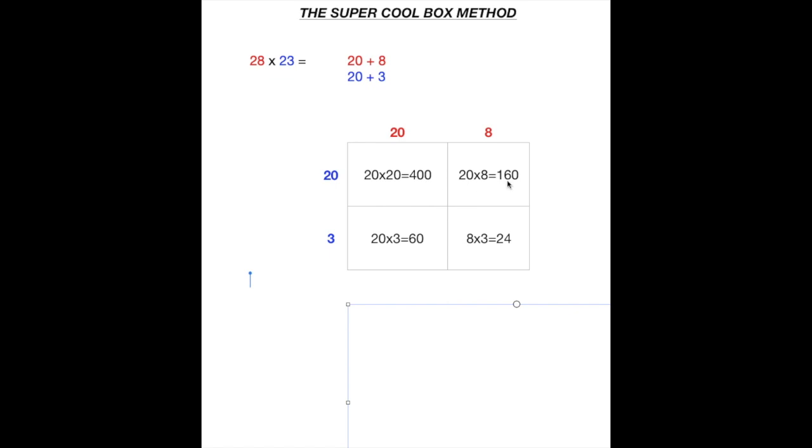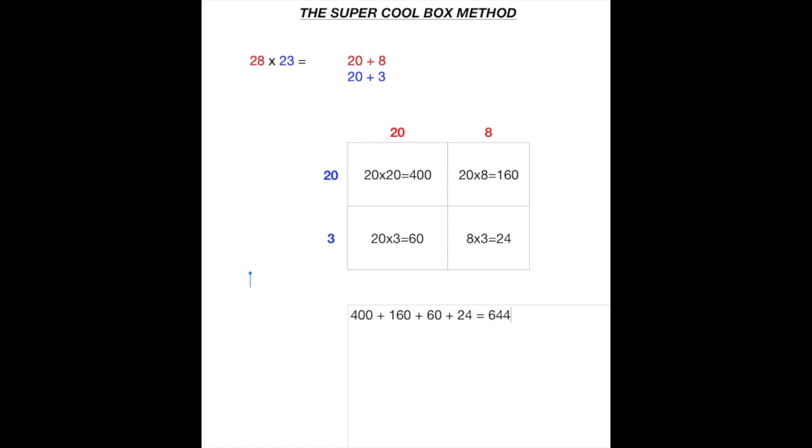Now, all we have to do is add these products together to find the answer to 28 times 23. And it looks something like this. 400 plus 160 plus 60 plus 24 is, well, let's try that mental math again. 400 plus another 100 is 500 plus 60, 560 plus another 60, 620 plus 20, 640 and 4, 644.